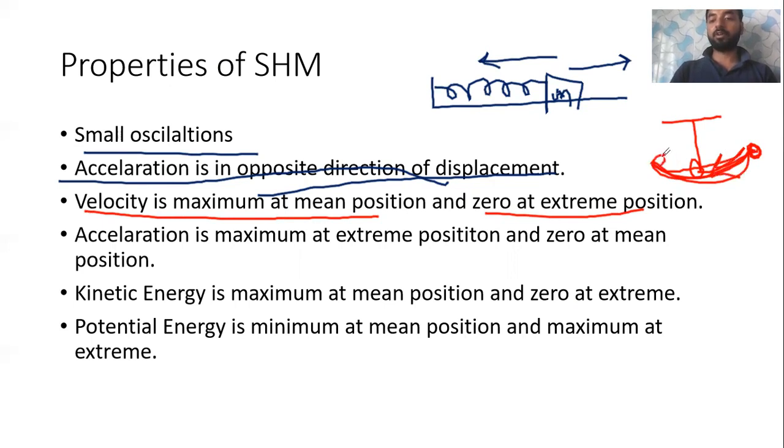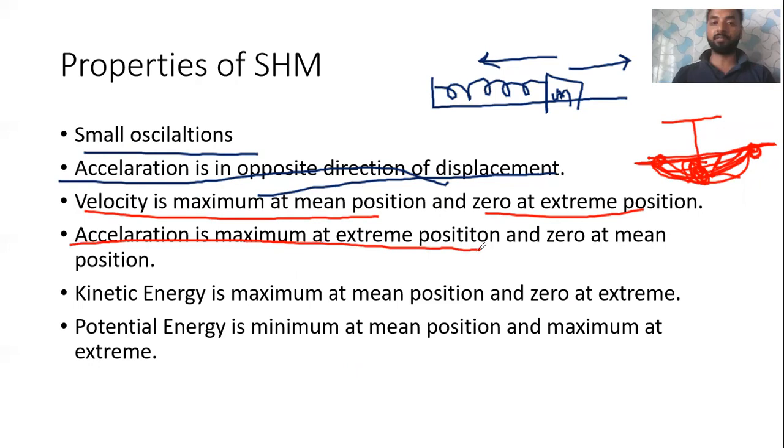Similarly here also the bob is stopping at this point and coming back. So at the extreme position the velocity is zero, but at the mean position, at this particular point, the velocity will be maximum.